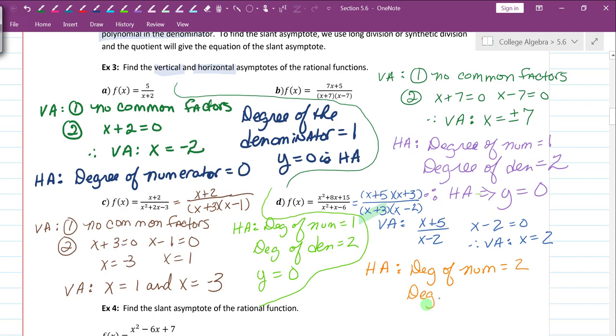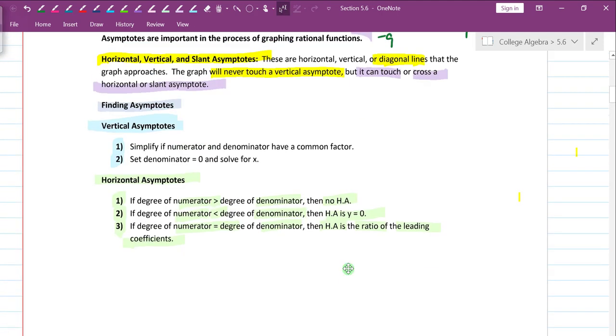Then I need the degree of my denominator, and that is equal to 2. So I have equal degrees. So when I have equal degrees, that's number 3 right here. And it says then the horizontal asymptote is the ratio of the leading coefficients, okay?